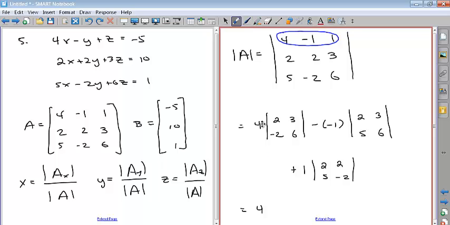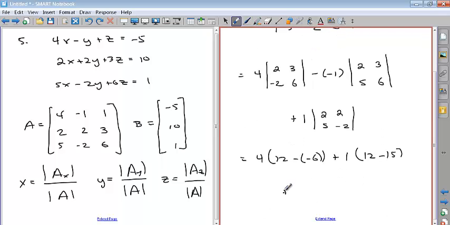Okay, so 4 times the determinant of that, well, that is going to be 12, 6 times 2, minus a -6. Okay, next one, you're going to have plus 1 because you've got a minus times a minus. You take 2 times 6, which is 12, minus 5 times 3, minus 15.